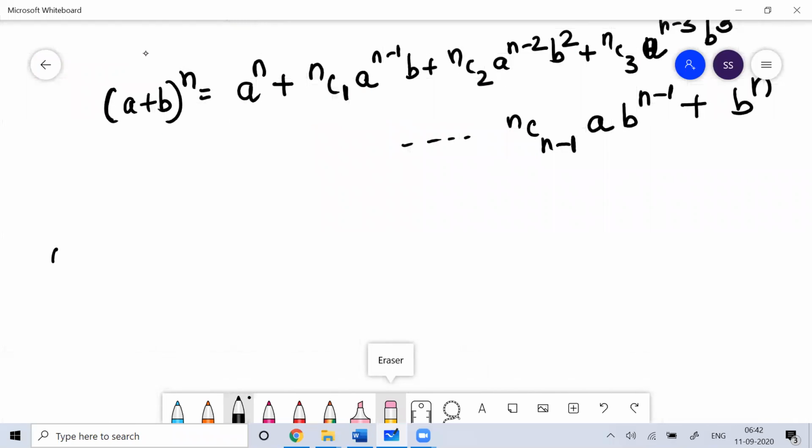So 6 to the power 83 I can write as (7 minus 1) to the power 83.